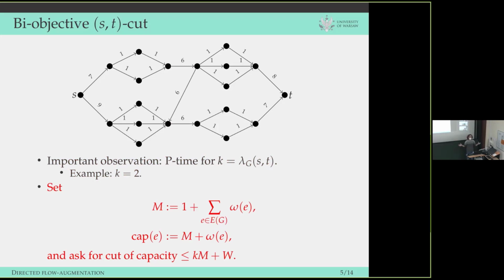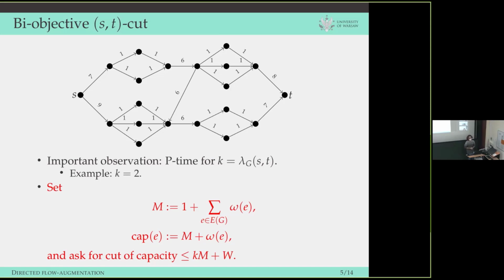A lot means, for example, the sum of all weights and a bit more, and the capacity of every edge is this big number plus the weight of this edge, and now the minimum capacity cut becomes the minimum weight cut among the cuts of minimum cardinality. So you want to cut as few edges as possible, and then after that you optimize the weights of the cut. So that's the reduction, and it works if k equals lambda.